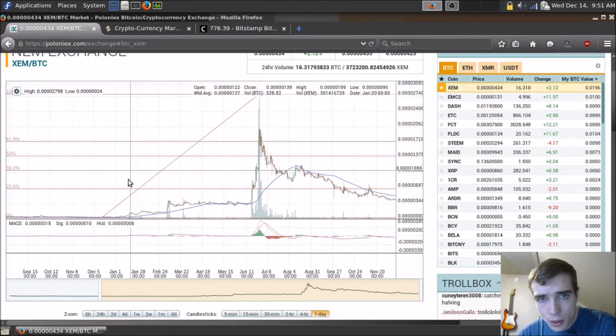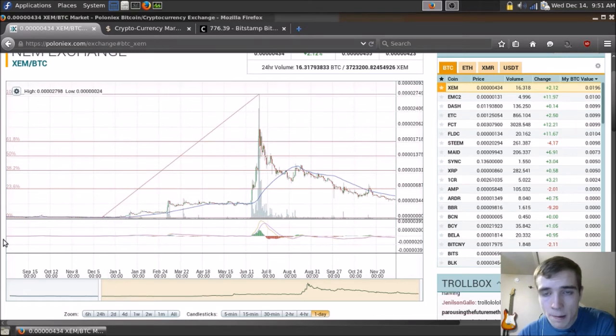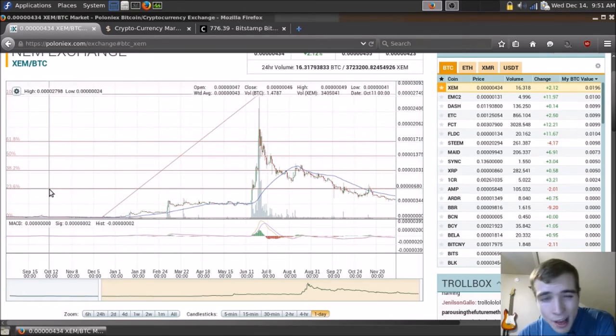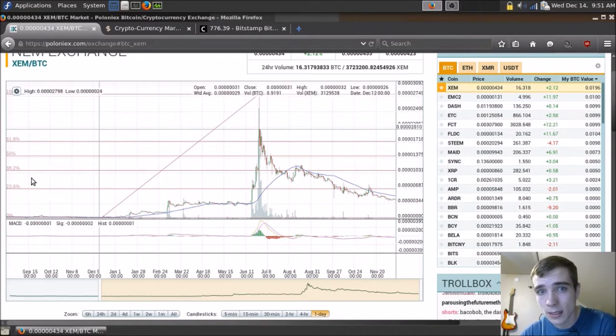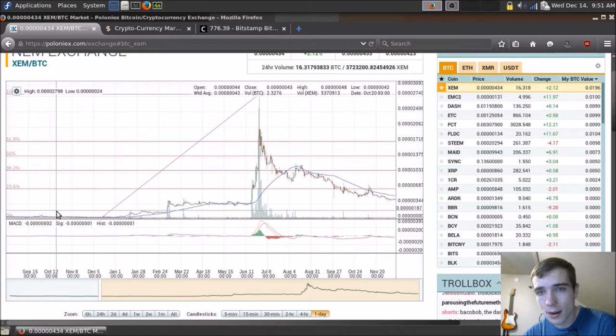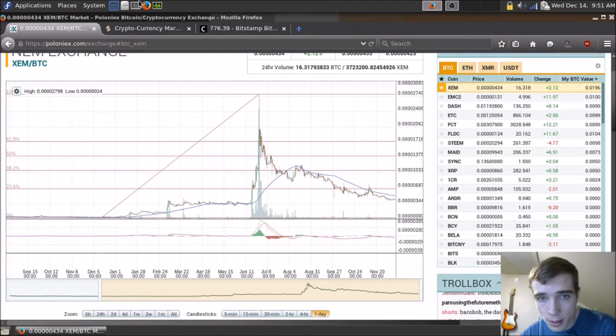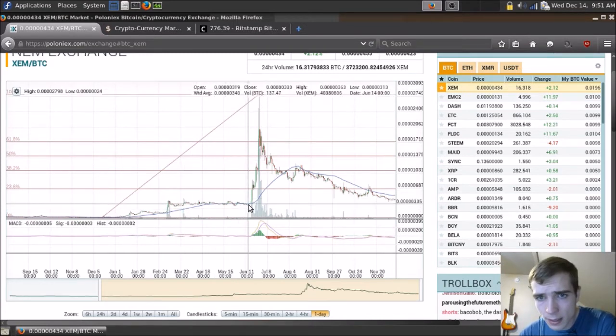We saw a huge run at its peak, from its low point to its peak. I believe it was like 10,000% or something absolutely ridiculous. So it's had a pretty big swing in the past, which is something you want to look out for. But this chart pattern looks really good to me.